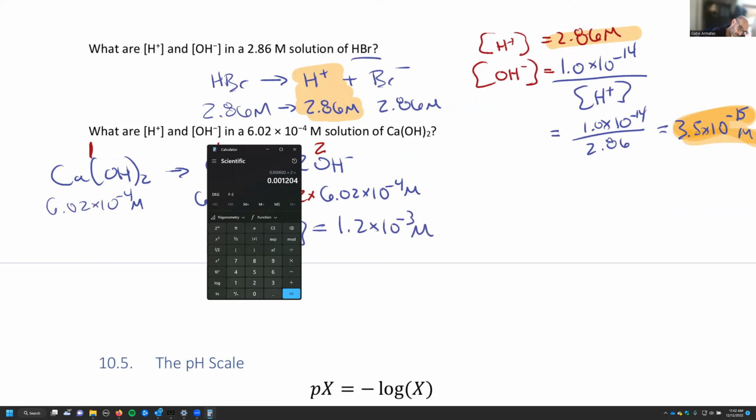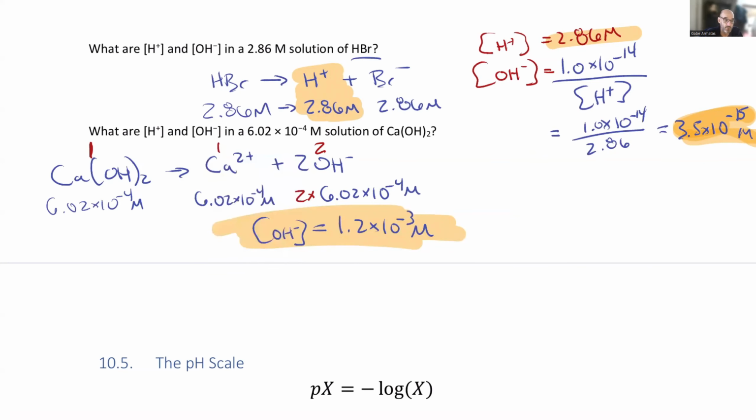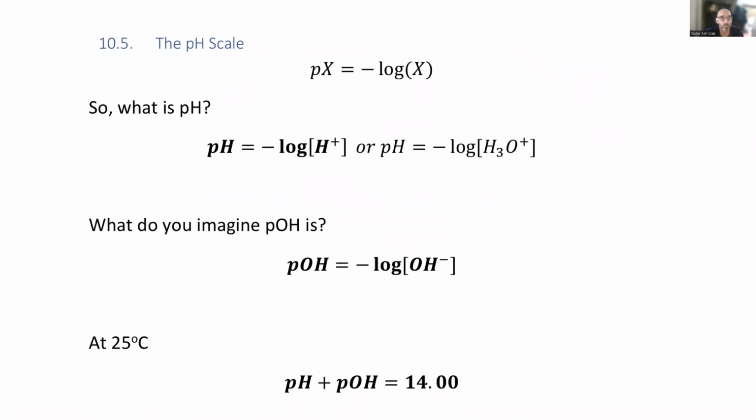So there's my concentration of OH minus. Plug it into the equation to get H plus. So 1 times 10 to the negative 14 divided by that number should give you your answer for H plus. Okay, great. Moving on, the last little bit.